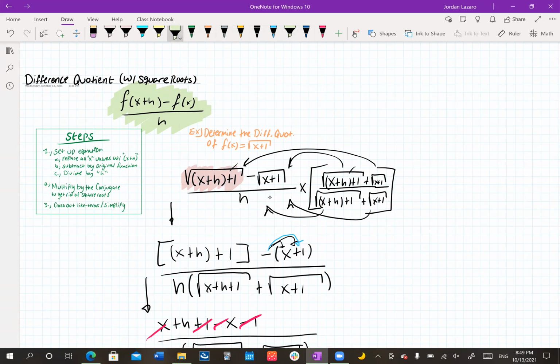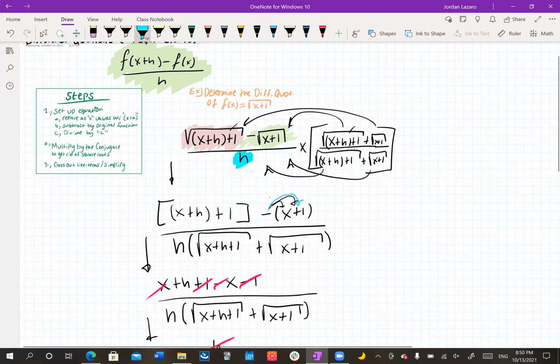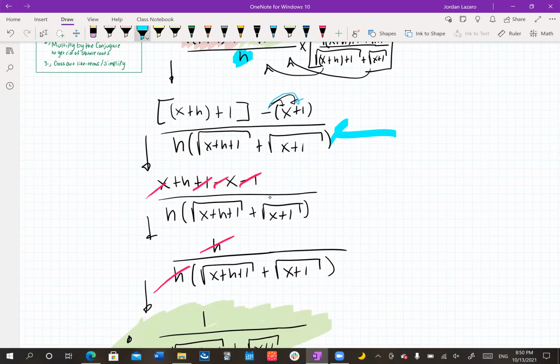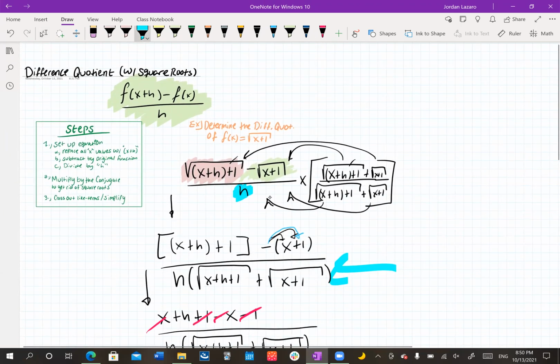And then this part, the minus quantity square root of x plus 1, constitutes the minus f of x, right? And then the bottom here, h, well, just represented by h, right? Then the next thing we did was just multiply by the conjugates to get rid of all the square roots, right? Like we did here. Or sorry, here.